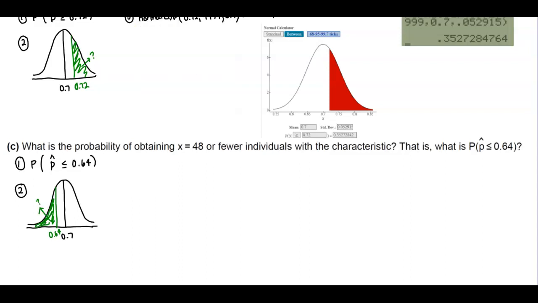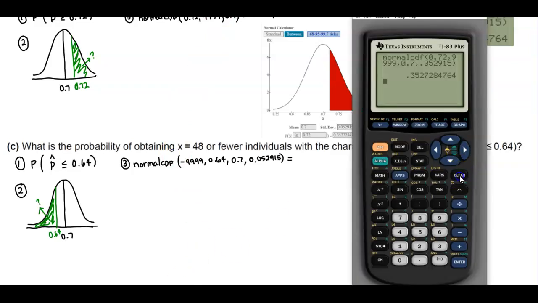So what we can do is use normal CDF with our lower bound to be negative 9999 and our upper bound to be 0.64. We know that our mean is 0.7 and our standard deviation is 0.052915. So let's see what probability that gives us.